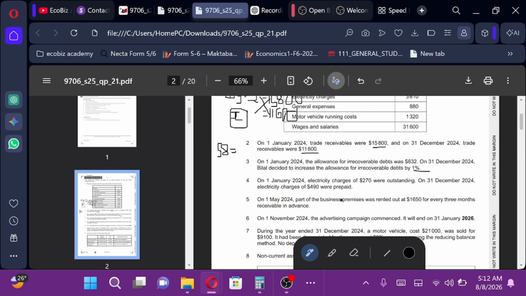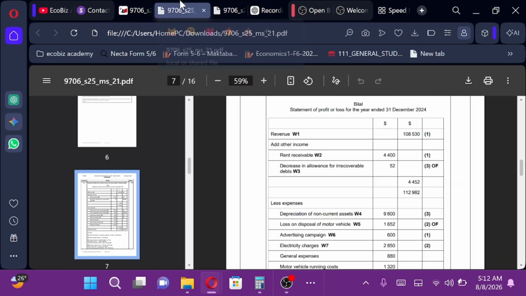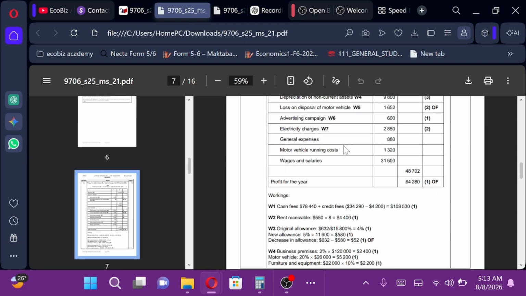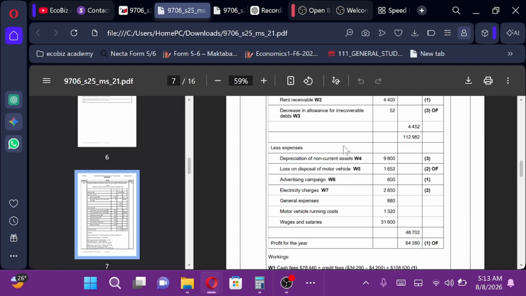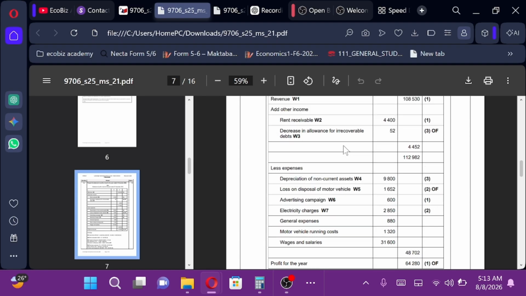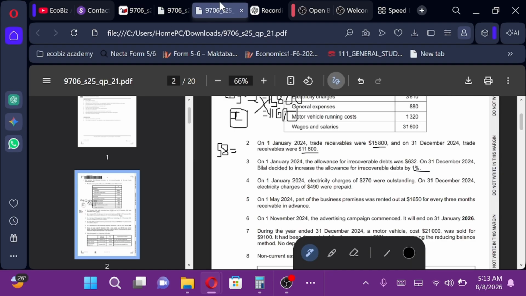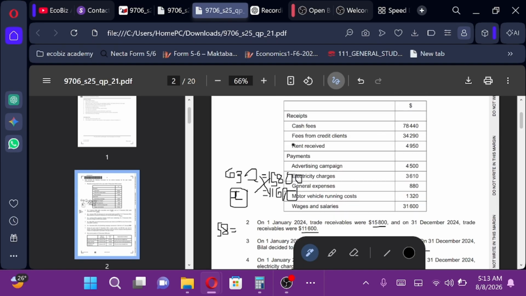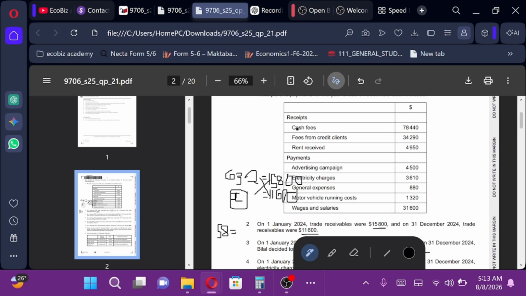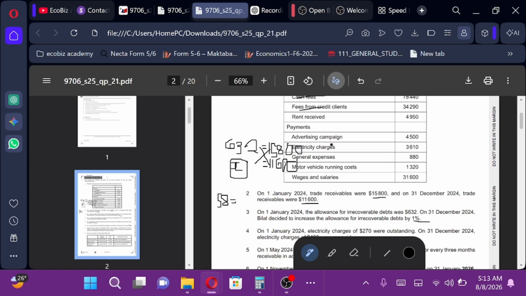Yeah. Revenue was 108,530. Which, remember, we got by doing the cash fees plus the credit fees in this part. We took the cash fees, which is this one, plus the credit fees from credit clients.